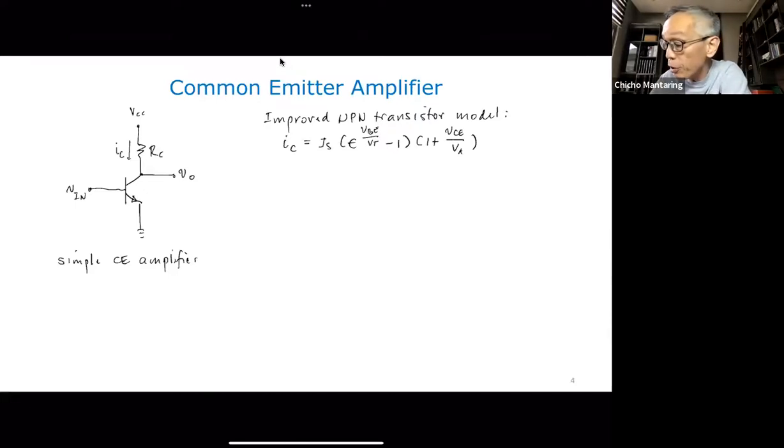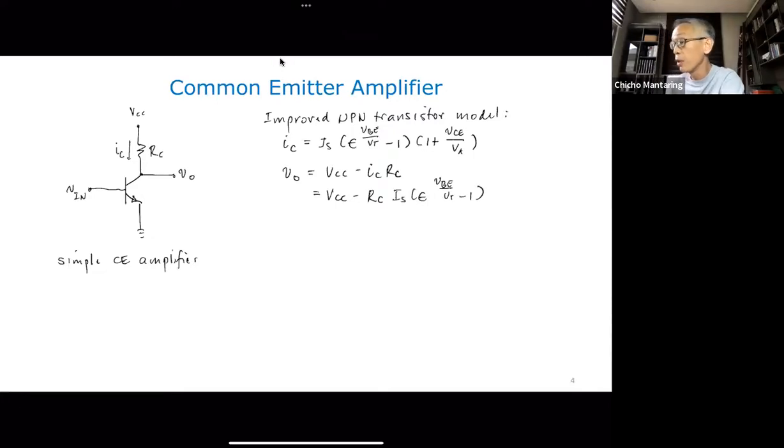Now you have V sub O is equal to VCC minus IC times R sub C. That is just KVL applied from this point to this point. So this is VCC minus R sub C, then you have I sub S e to the VBE over V sub T minus 1.